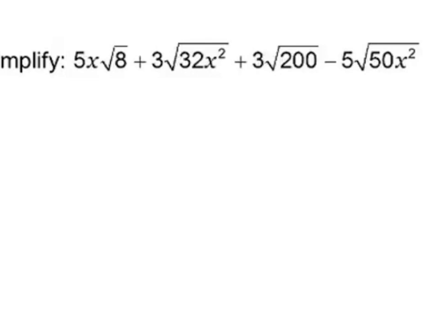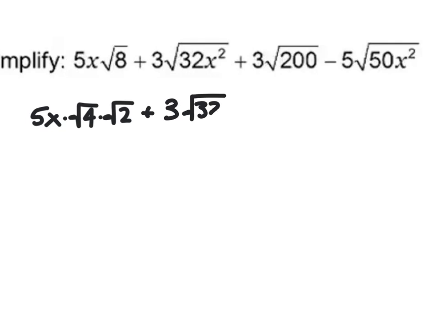I'm going to rewrite this whole thing. I'm going to start with 5x times, now the square root of 8, I can split that up into the square root of 4 times the square root of 2. Okay, I can take the square root of 4. On the next one, plus 3 times the square root of 32 times the square root of x squared. I'm going to split those up first if I have a variable.